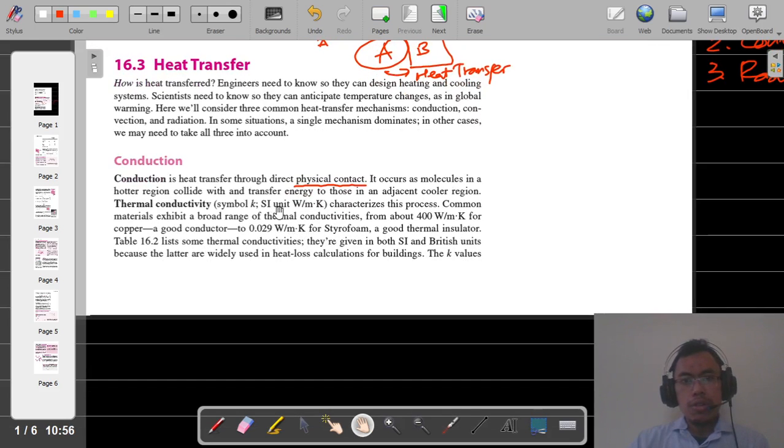In conduction we are going to learn some common terms.